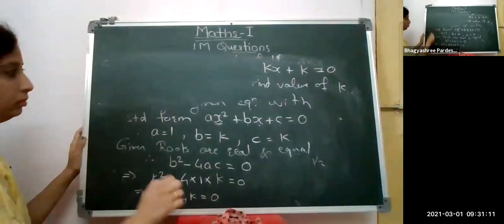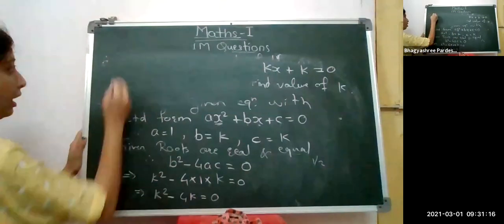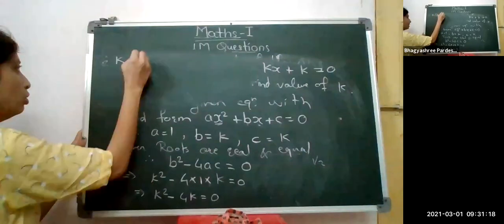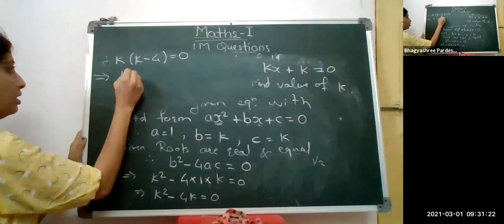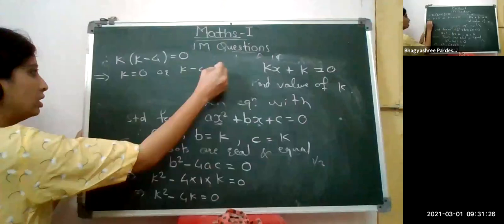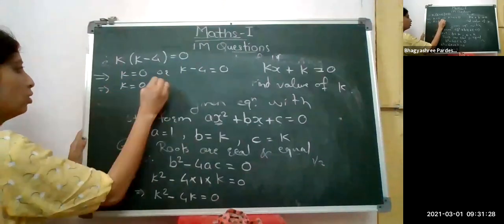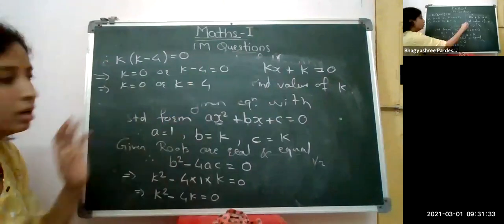So therefore, k square minus 4k, I'm taking k common into the bracket: k into (k minus 4) equals 0. So this implies k equals 0 or k minus 4 equals 0. So that is k equals 0 or k equals 4. So these are our two values of k here.